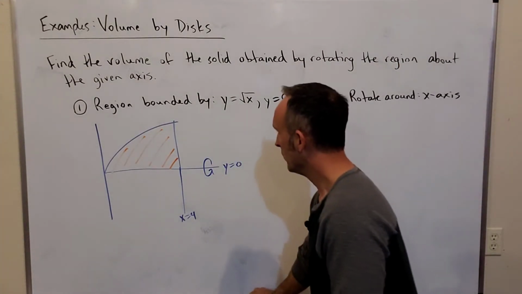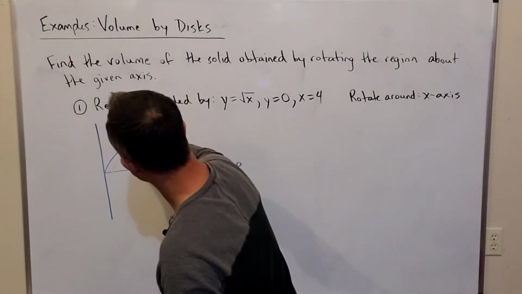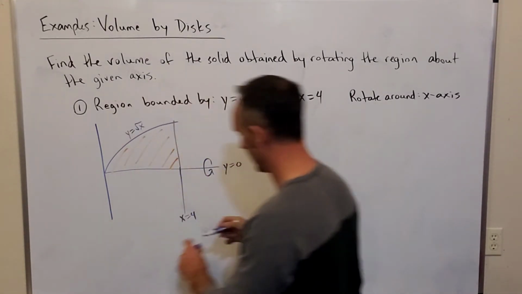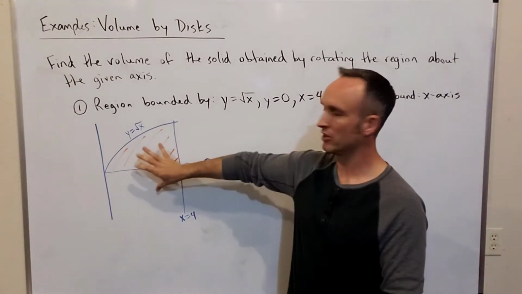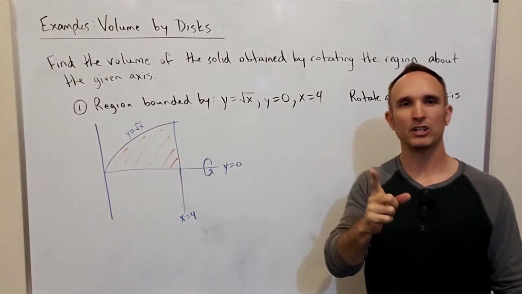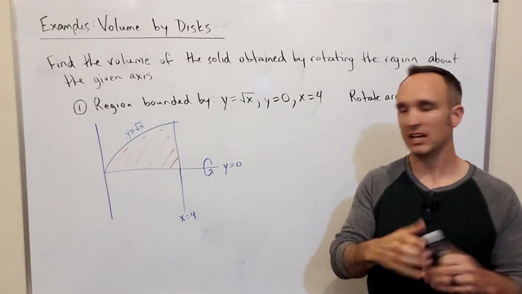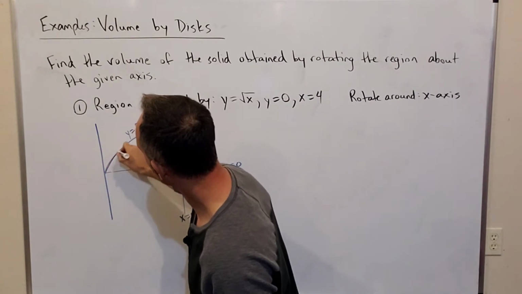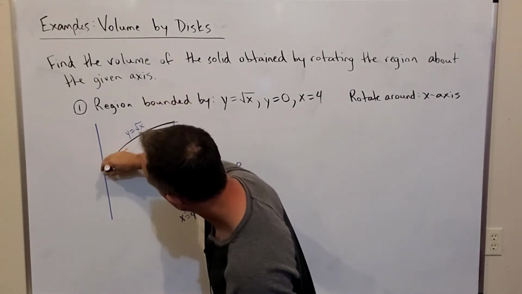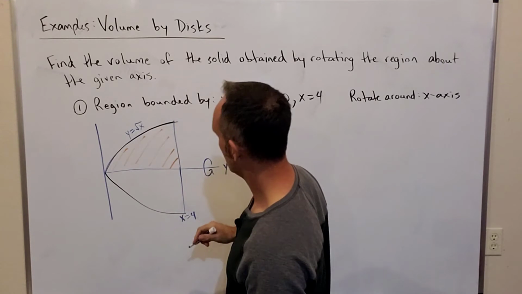So this is what we have, and this is y equals the square root of x. So what we need to do now is create the three-dimensional solid and look at what one disk looks like, okay? So our three-dimensional solid, I'll sort of go over this in black. That's terrible.